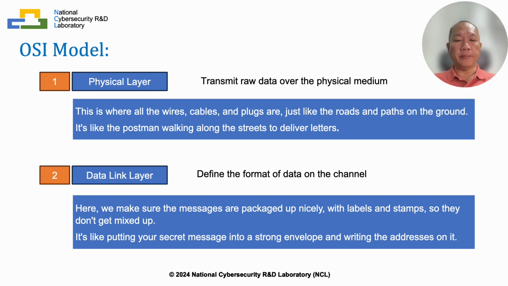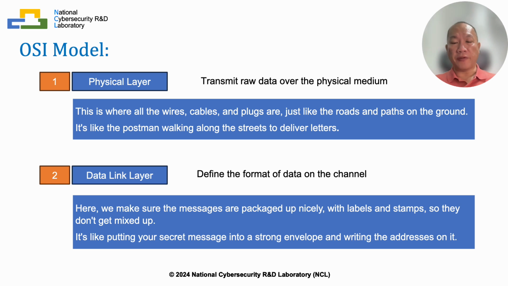From the bottom we have layer 1, or the physical layer. This is where we transmit the raw data over the physical medium, and this is where all the wires, cables, and plugs reside.